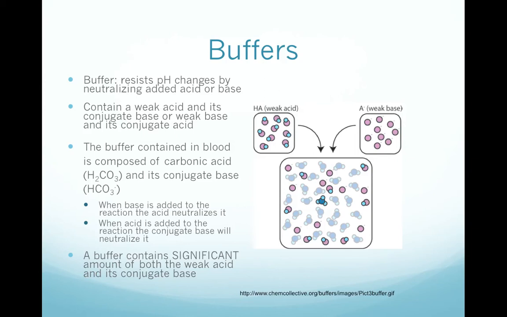So we have a lot of weak acid and a lot of weak base, and usually these are the conjugates of each other, and you add it to one beaker.